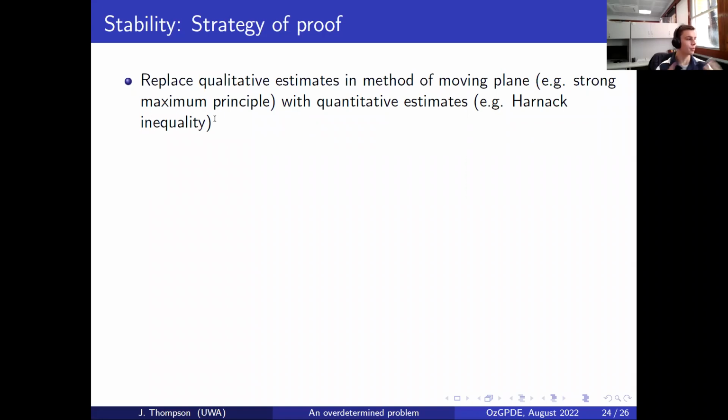So for example, we replace the strong maximum principle by the Harnack inequality, because the Harnack inequality quantitatively measures how far away u is from being equivalently 0 if it has a point that's close to being 0.